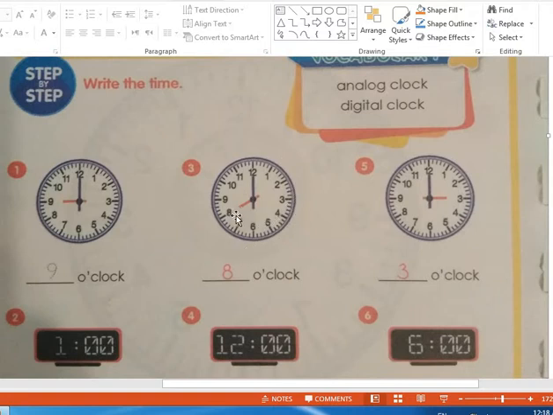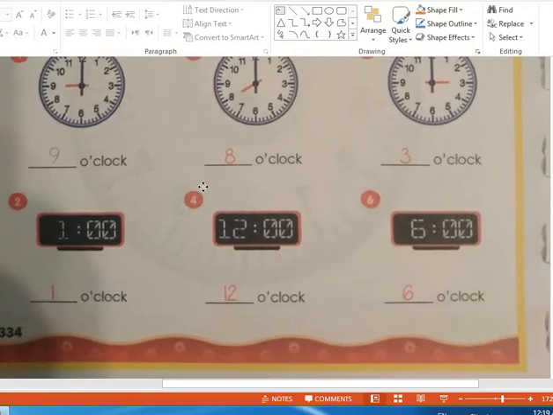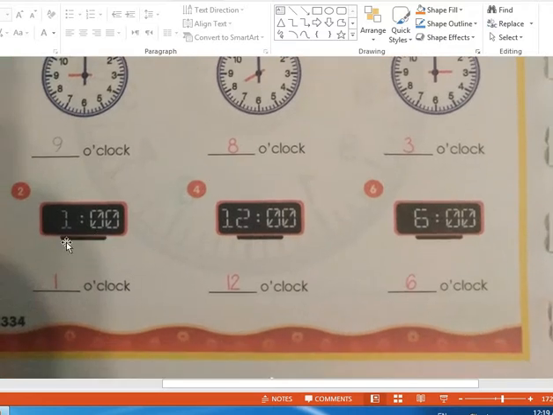Here, what time is it? It's 8 o'clock. Why 8 o'clock, miss? Because the short hand goes to 8. Here, what time is it? It's 3 o'clock. The short hand here, the red hand, goes to 3. When I see the digital clock, what time is it?